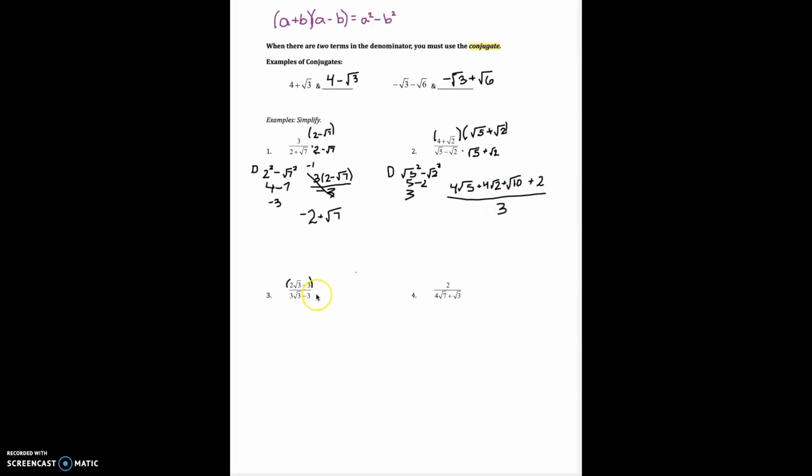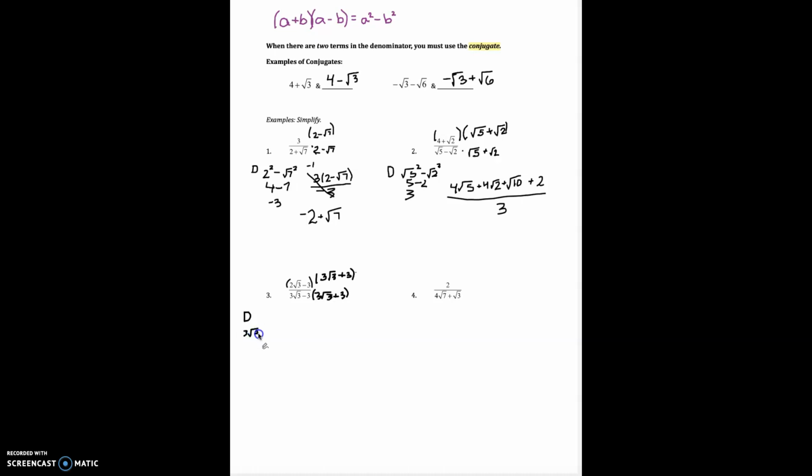So for the next one, our conjugate will be 3 root 3 plus 3. I'll take care of the denominator first. The denominator will be 3 root 3 squared.